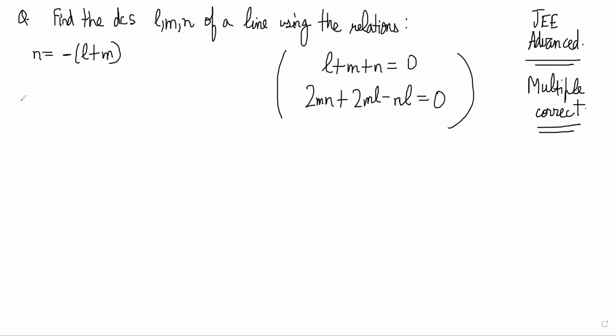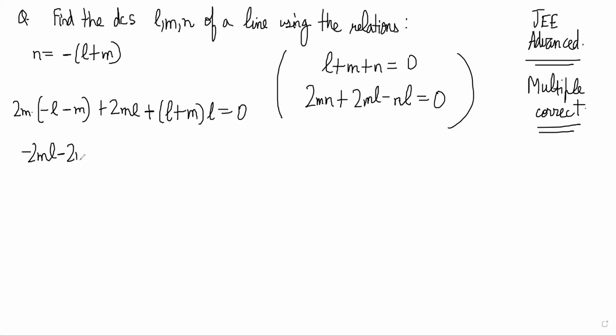And in the second equation, if I put that, you will get 2M into minus L minus M plus 2ML minus N into L, so it will become plus of L plus M into L equal to 0. You get minus 2ML minus 2M square plus 2ML plus L square plus ML, right?